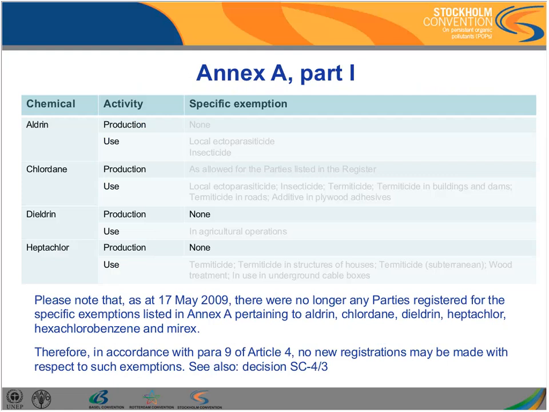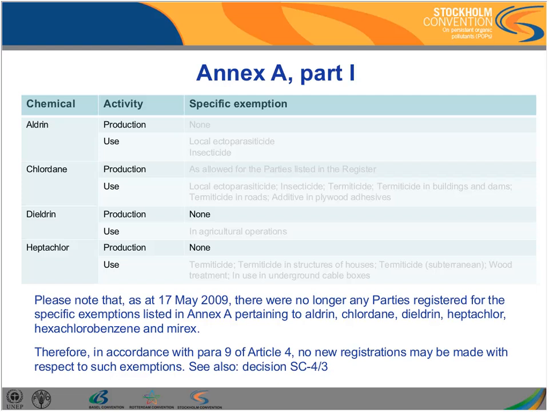This is the same as what you see in the published version of the Stockholm Convention, with footnotes saying that as at 17 May 2009, there were no longer any parties registered for the specific exemptions listed in Annex A pertaining to those chemicals, and that in accordance with paragraph 9 of Article 4, no new registrations may be made with respect to such exemptions.